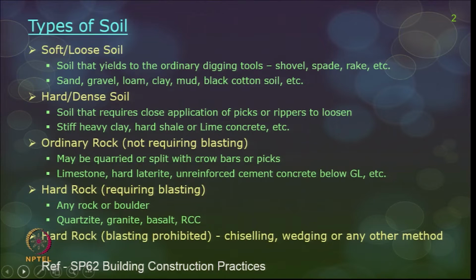Hard rock which requires blasting, any rock or boulders, for example quartzite, granite, basalt, RCC. You have to blast the ground in order to cut the earth. The next is hard rock wherein blasting is prohibited due to some reason or the other. You can use chiseling, wedging or any other method agreed by the engineer in charge.